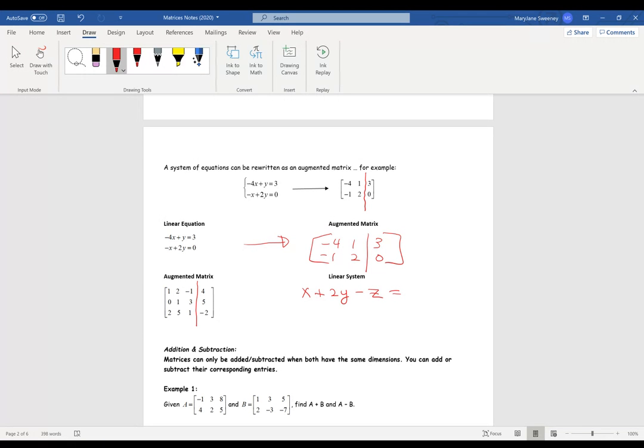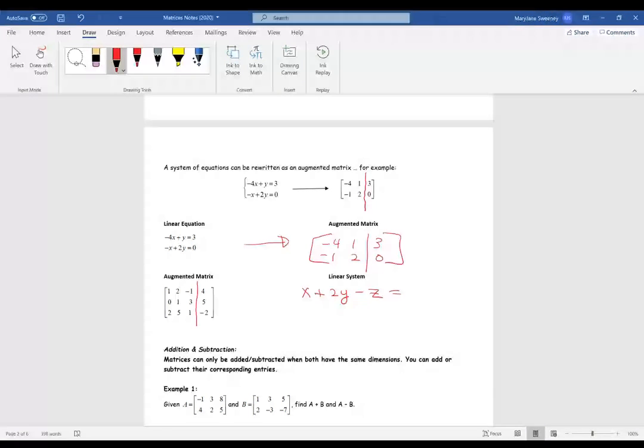Generally with matrices, they'll start with x, y, z. If they run out of letters, they usually go backwards to w. It seems weird, why not just start with w? But a lot of times they'll go x, y, z, w.